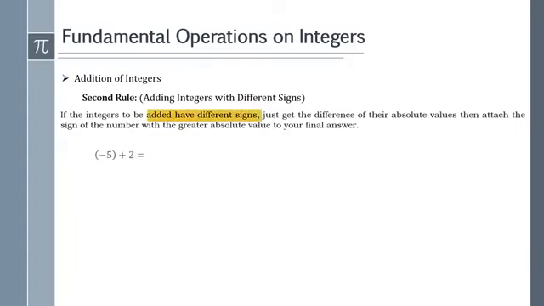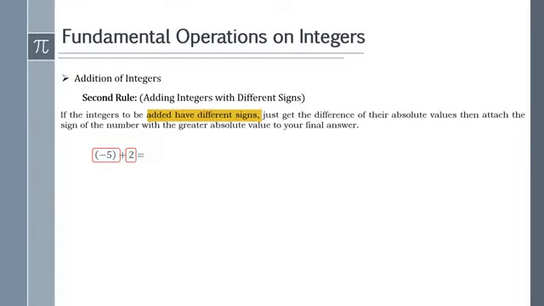Again, it says here, if we add integers with different signs, let's see. Earlier they had the same sign; this time, look, class. One is negative 5, the other is positive 2. So, since they have different signs, we will apply the second rule. Okay?